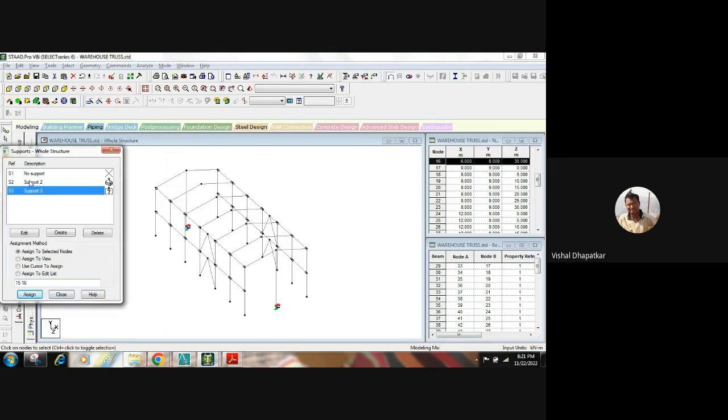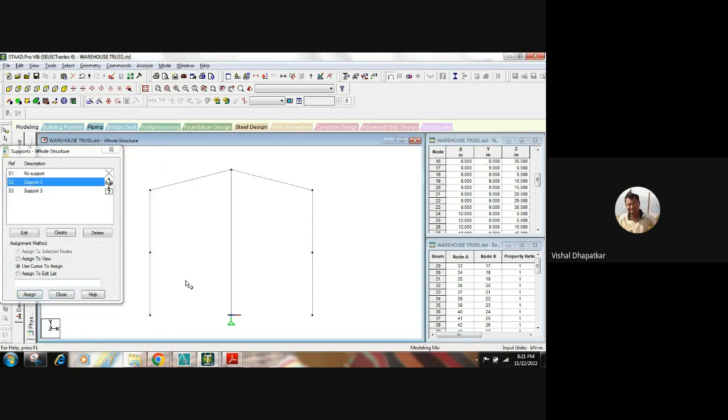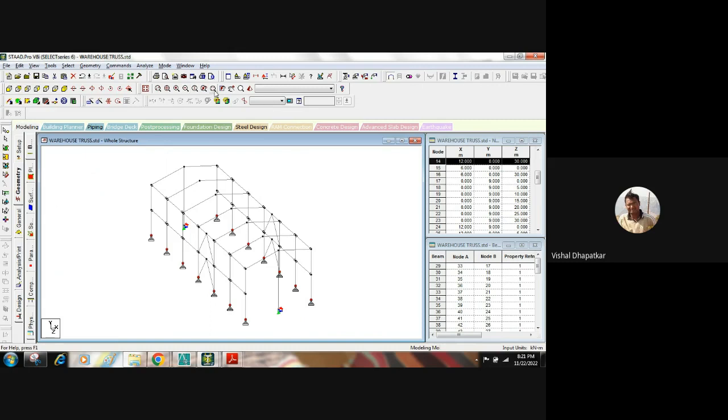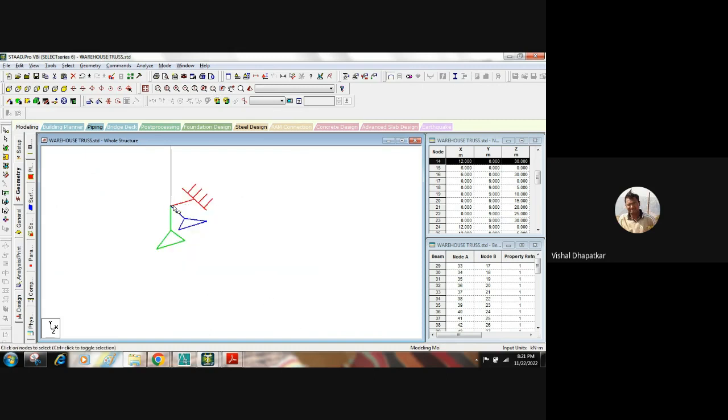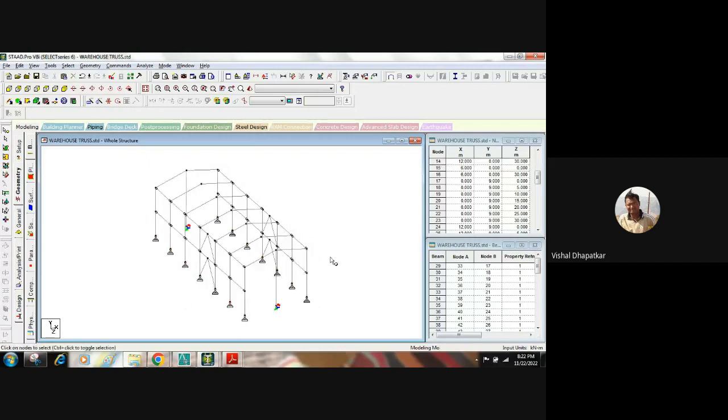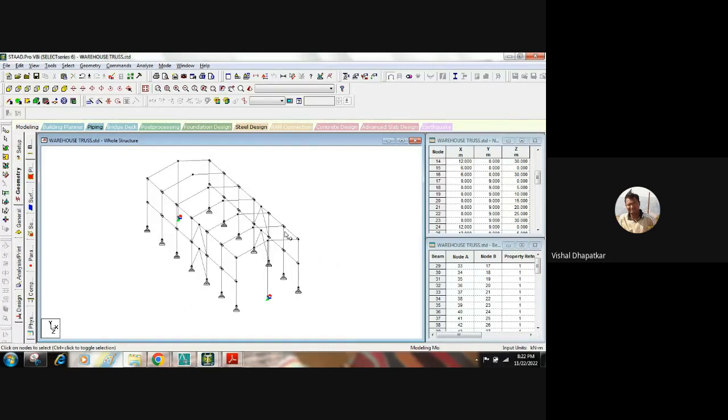So it will create a fixity in that direction, and for these two, all the forces will be released. Okay. So this is the fix. So about this axis it will be fixed, and the other two axes will be released. Okay. So this support is clear.